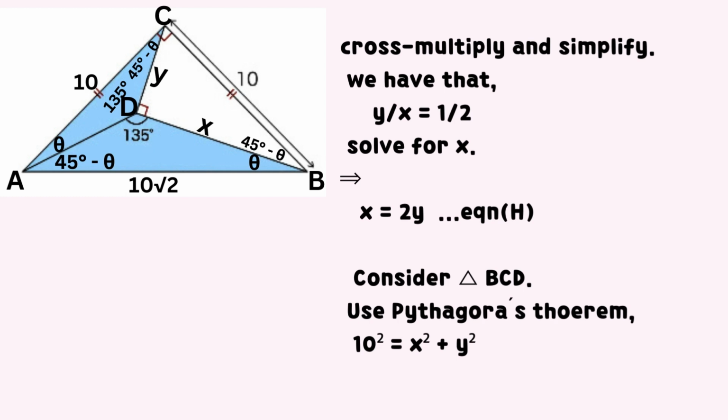Consider triangle BCD. Use Pythagoras' theorem. The square of 10 equals the sum of the square of x and the square of y.